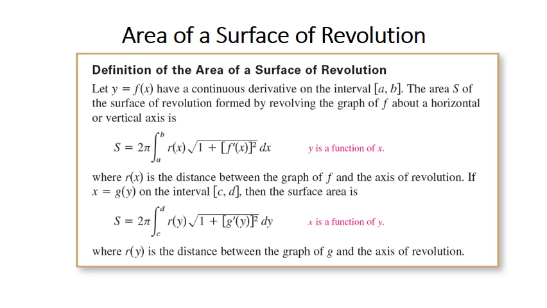But the formula is 2 pi times the integral from a to b of r of x, where r of x is the distance between the graph and the axis of revolution, and the same thing that we had before, the arc length, if you will. So really the only addition is multiplying by 2 pi and by r of x. So let's take a look at an example.